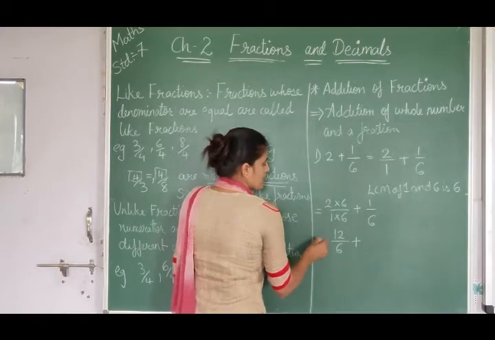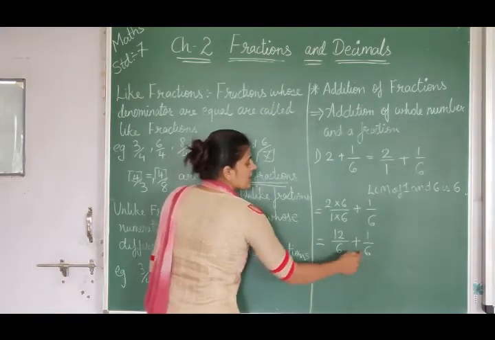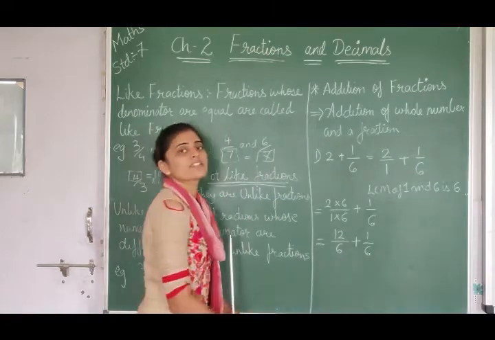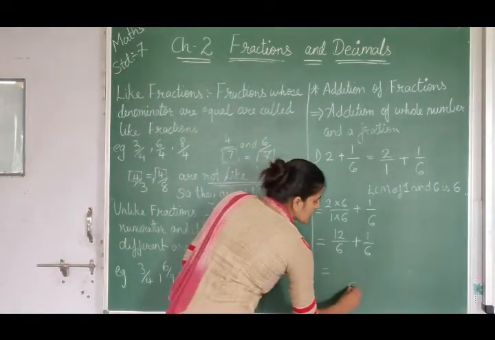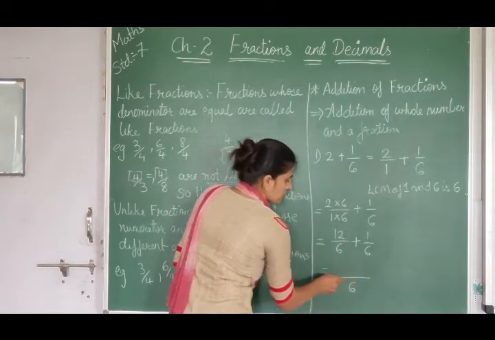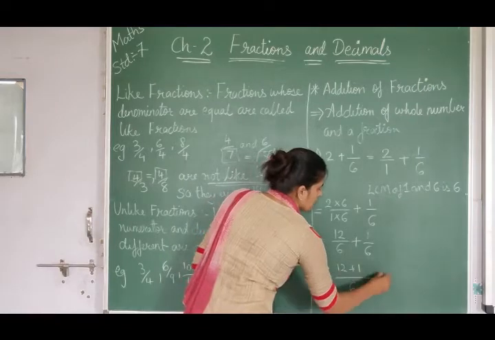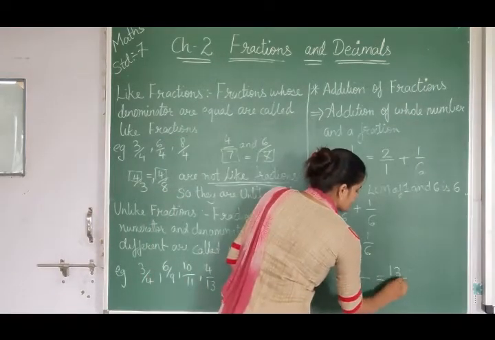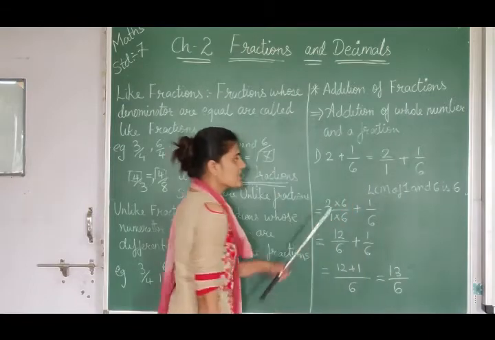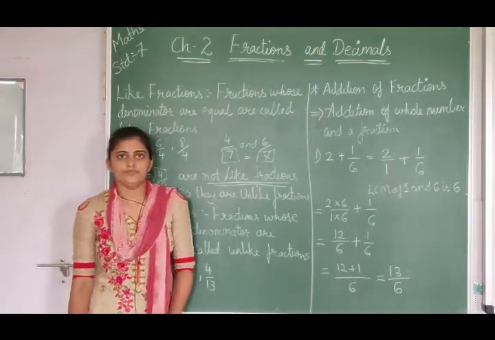Both denominators are equal, so we can write 6 only once, and 12 plus 1. So the answer will be 12 plus 1, 13 by 6. This is one method, and now we will see another method.